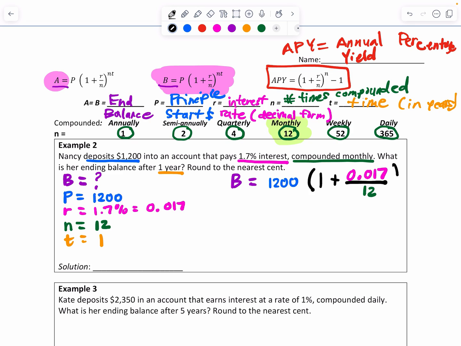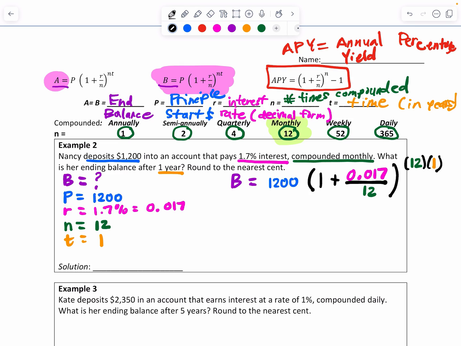Then I close my parenthesis, and N is my exponent, and that's 12 times T, which is 1. Now, these are being multiplied together in the exponent. So when you are plugging that into your calculator, basically in my calculator, I make my screen look exactly like this whole formula. Plug it in all together.